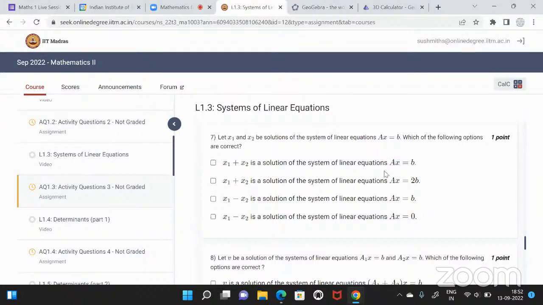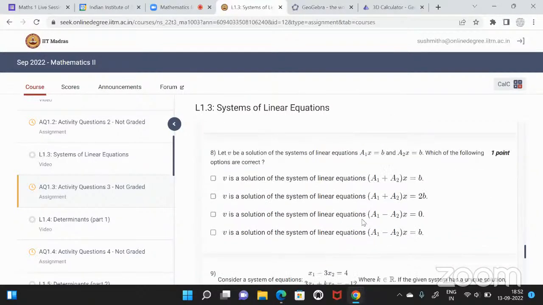So x1 plus x2 is not a solution of Ax is equal to B, but it will be a solution of Ax is equal to 2B. Similarly, you can subtract. When you subtract, you will get 0, right? Like that, in the 8th problem, we have two different systems, two different matrices altogether, but same solution we are talking about.